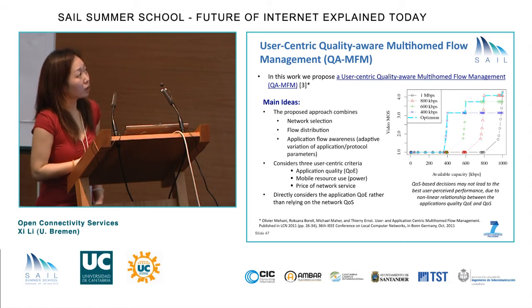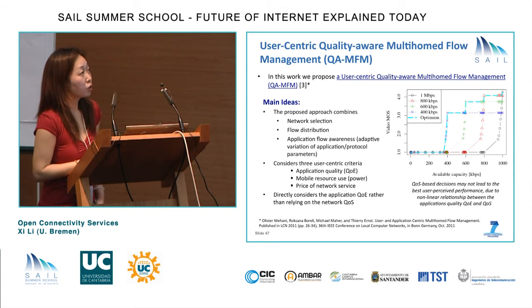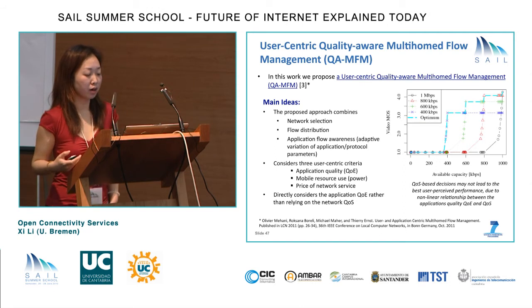In order to make the decision, we will consider three user-centric criteria. The first one is the application quality, which is also called the quality of experience, and the mobile resource use in terms of the battery of the user device and the price of the network usage.